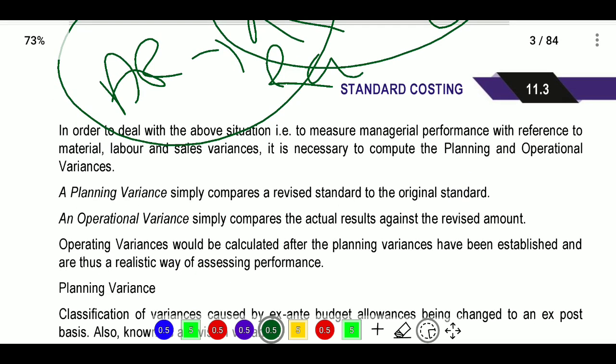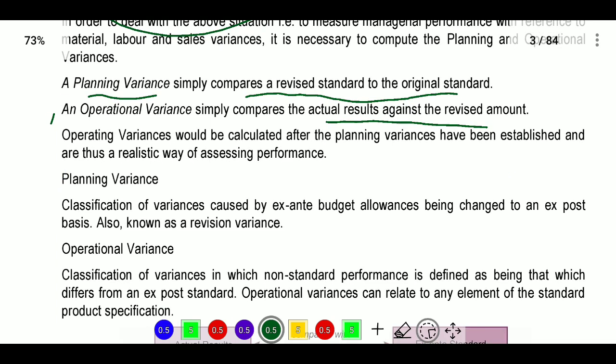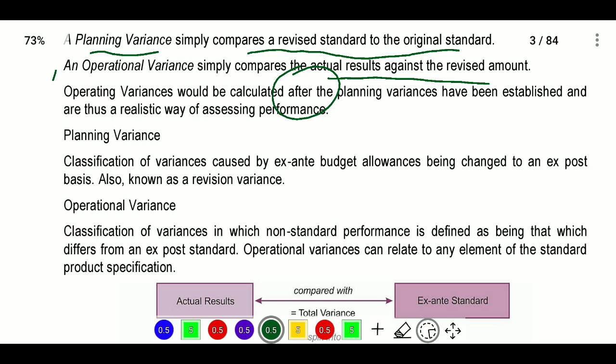So first we will see the planning variance, which is the revised standard against the original standard, and the operational variance is actual results against revised amounts. Operating variances should be calculated after planning variances have been established, and that is a realistic way of assessing performance.